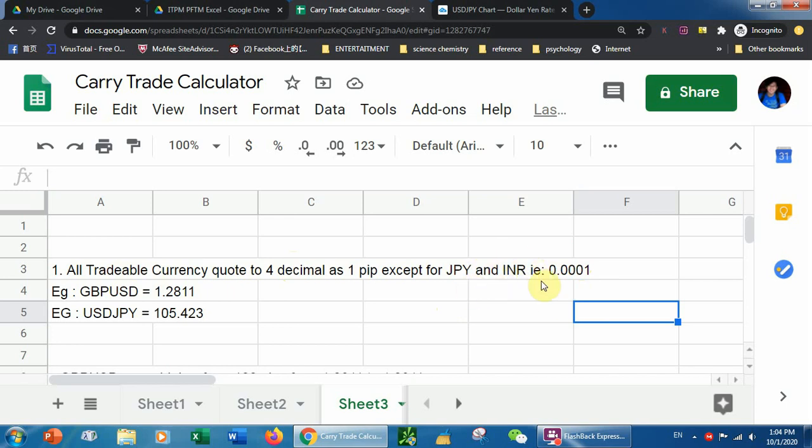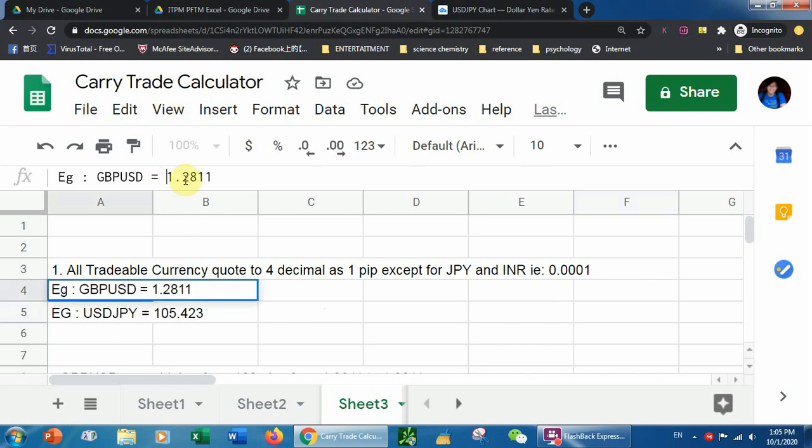They are coded to 3 decimal places as a pip. So you can see here, for the pound US dollar, the rate will be coded as 1.2811, a 4 decimal place, while the US dollar yen will be quoted as 105.423, so it's a 3 decimal place.